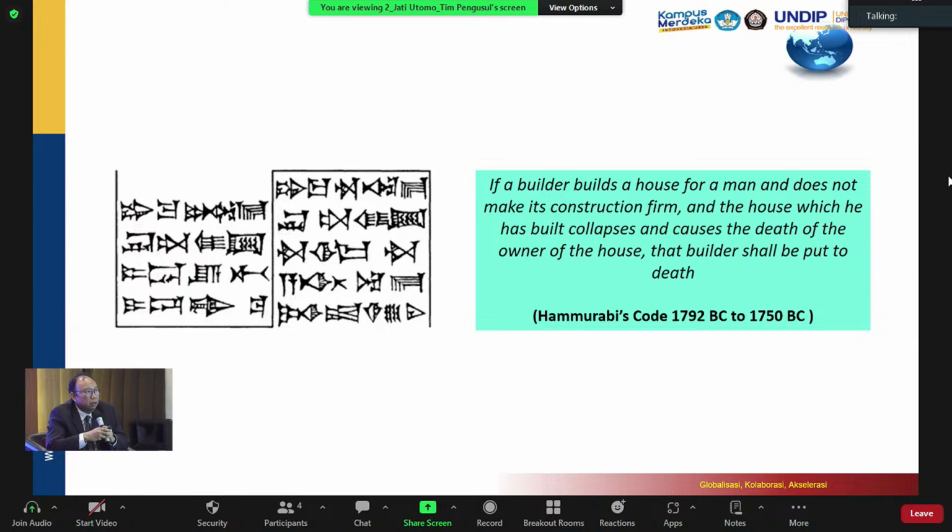So this is a reflection of how important this is, especially for civil engineers, to take care of anything that may bring the house or the buildings to collapse. So we have to take care of any risk that might happen.